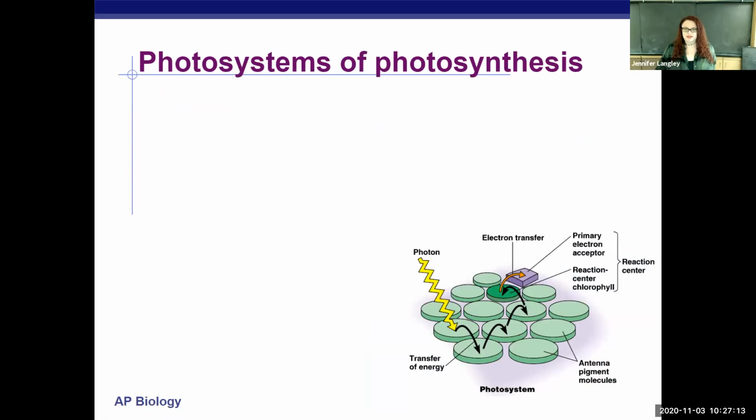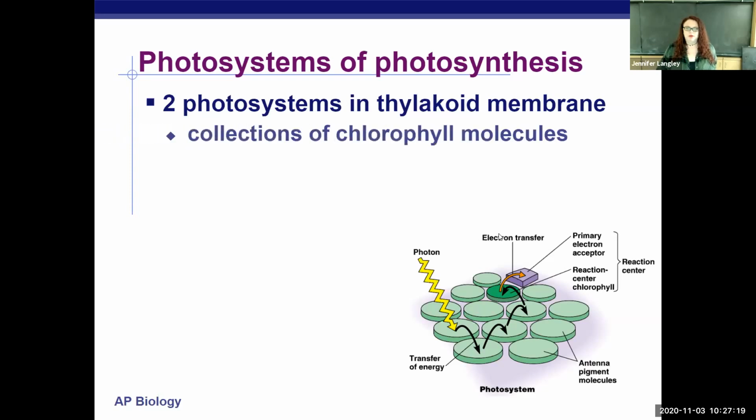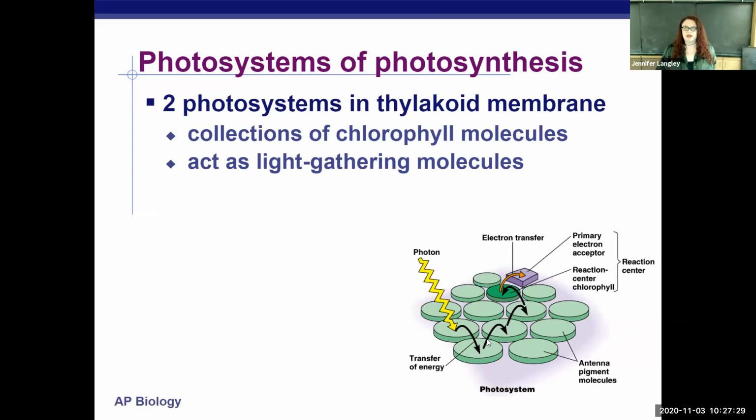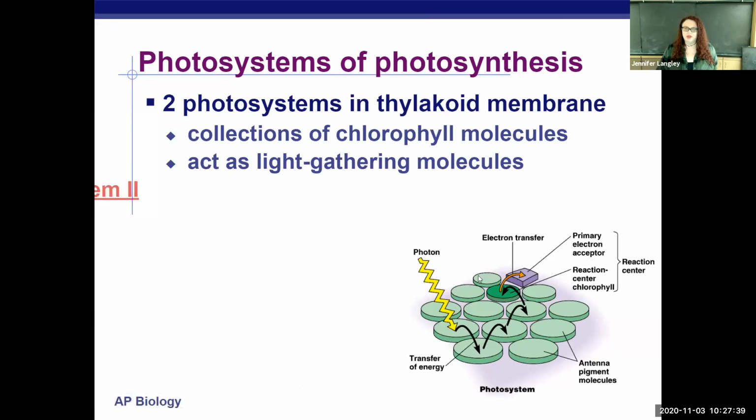So, photosystems. Scientists that came before my time were horrible, evil people. We have two different photosystems, and they act like a set of solar panels. If you've ever seen a house with solar panels, they don't have just one panel. They have a bunch of them that all collect. That's kind of what's happening here. The photons hit, and we bounce that energy around to our electron transfer.